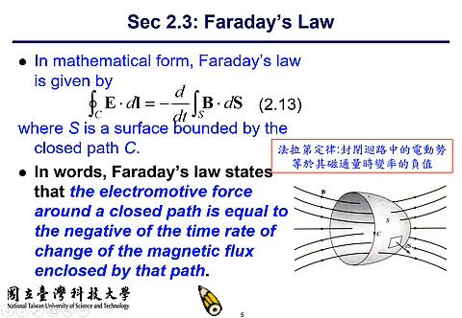So here you have a closed loop, a closed contour, and the magnetic flux passing through this contour, or the surface area enclosed by the contour, is summed up as what?